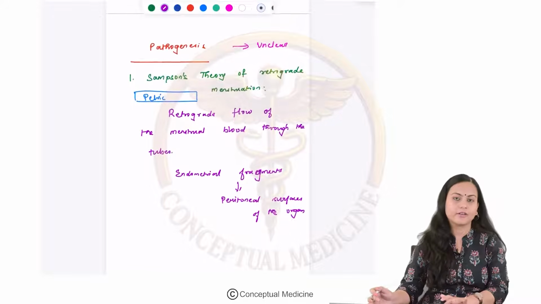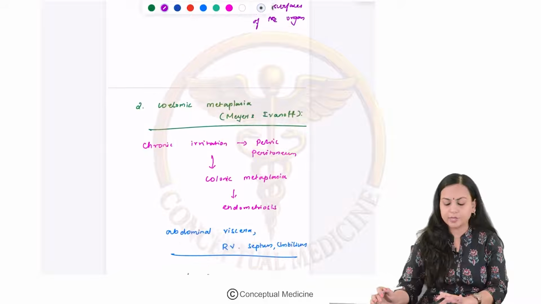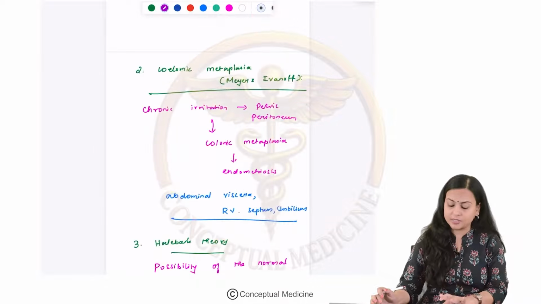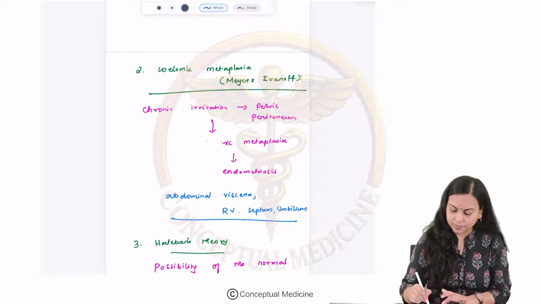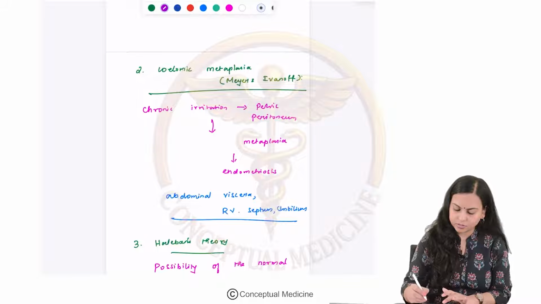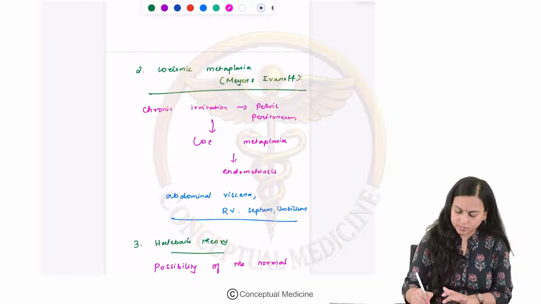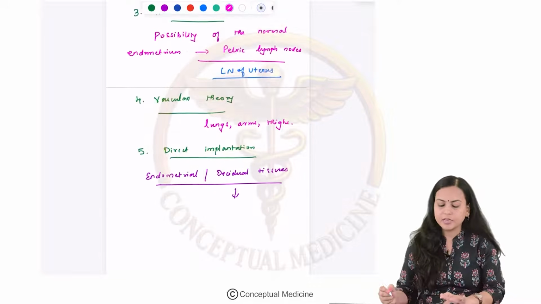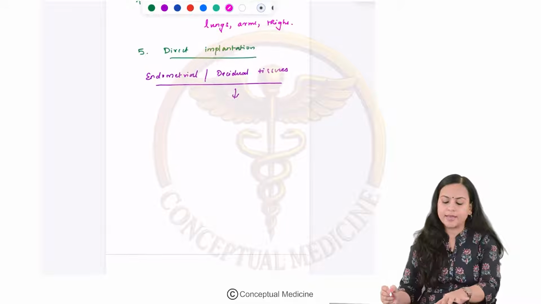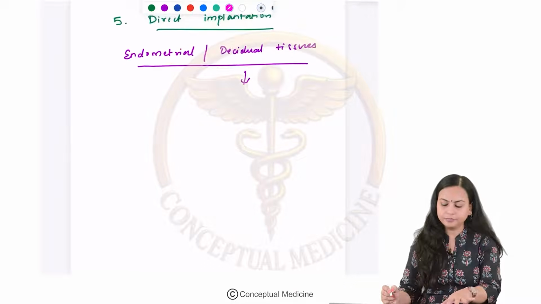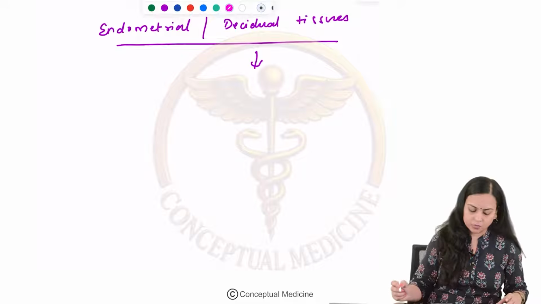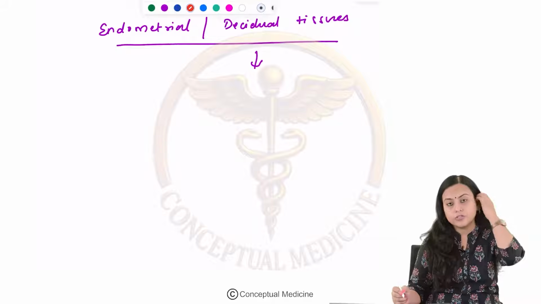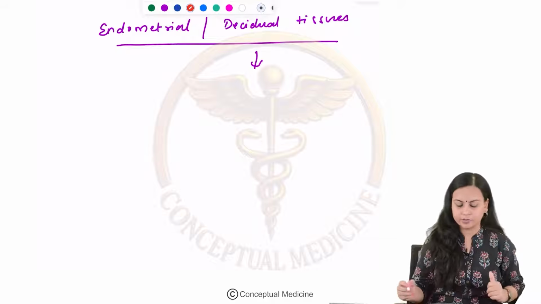One is Sampson's theory of retrograde menstruation, another one is coelomic metaplasia theory, then Halban's theory, vascular theory and direct implantation theory.